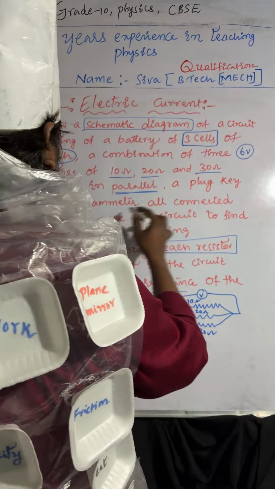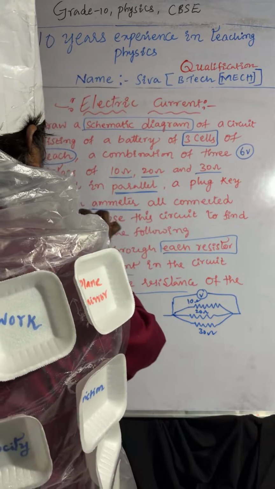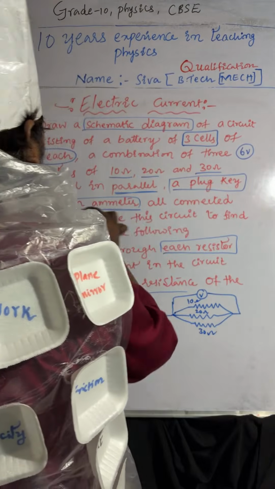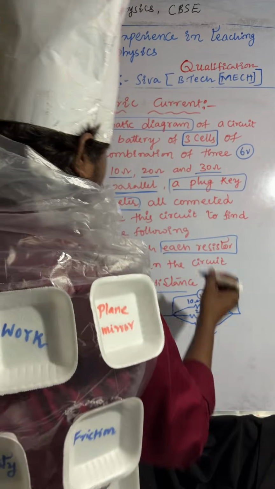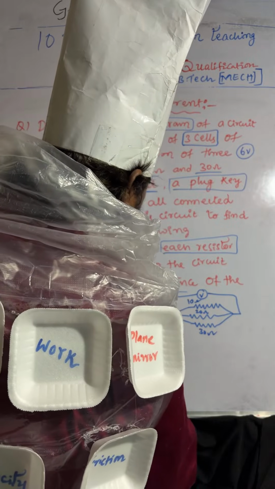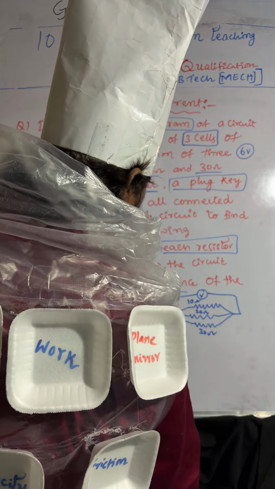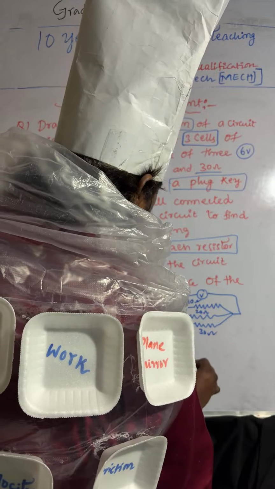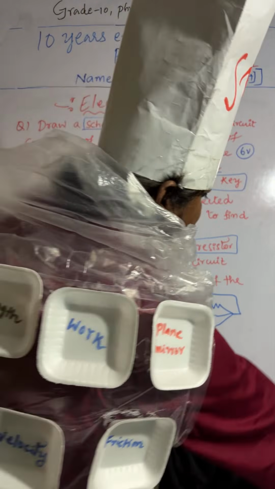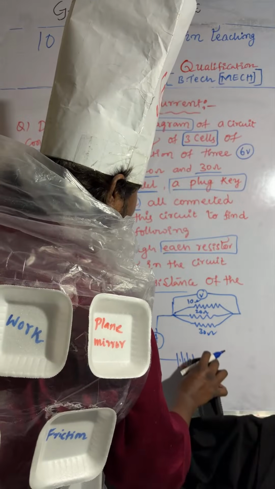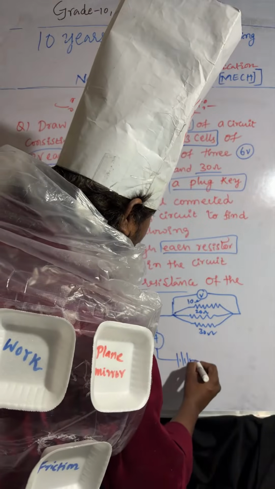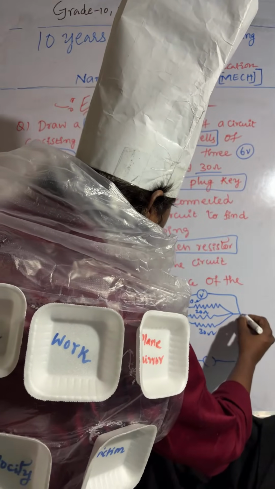And a plug key and an ammeter. The ammeter is connected here in series, and the plug key will be connected. Now 3 cells are connected, and the switch. This is the switch.